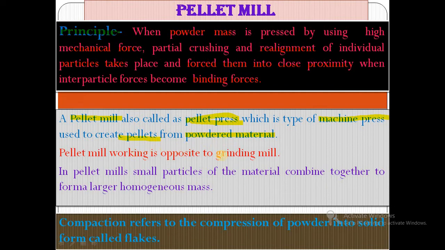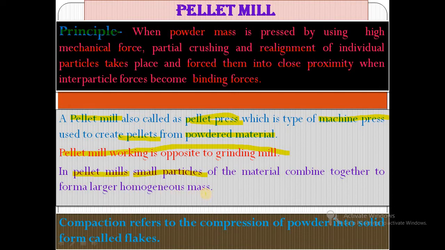Pellet mill working is opposite to a grinding mill. In a grinding mill, larger particles convert into smaller particles, but in this size enlargement pellet mill technique, small powder particles are converted into larger particles. These are opposite techniques. In pellet mills, small particles of the material combine together to form a larger homogeneous mass.